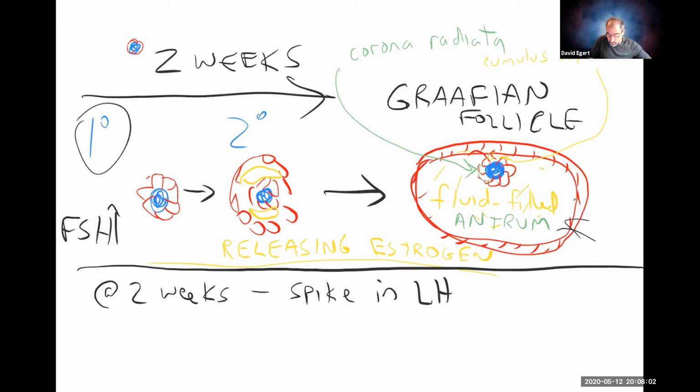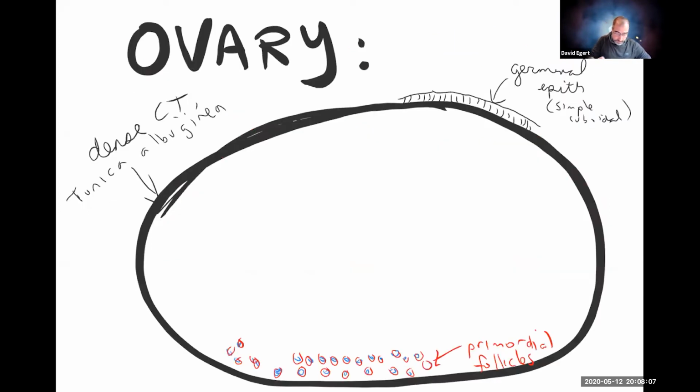This probably makes more sense to go back to our other picture here. So some primordial follicle starts developing into a primary follicle, into a secondary follicle.